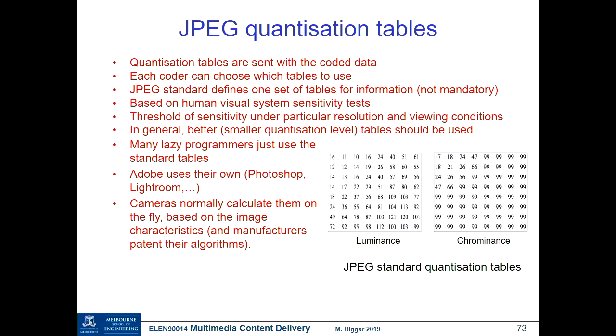But for companies or applications that are highly dependent on the quality and the file size of your images, maybe you want to put more effort in. So Adobe has their own set of quantization tables, and cameras, if you have a Nikon or a Pentax camera, one of these high-end SLR cameras, they will try to optimize the quantization table on the fly according to the image characteristics and their patented algorithms that they would want to protect.